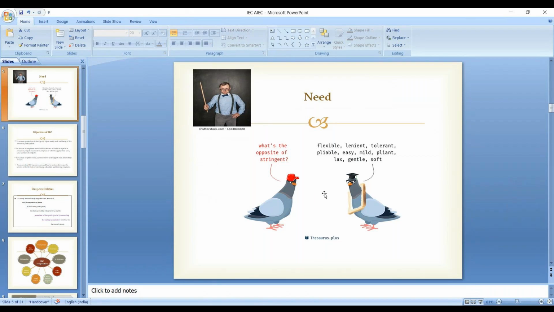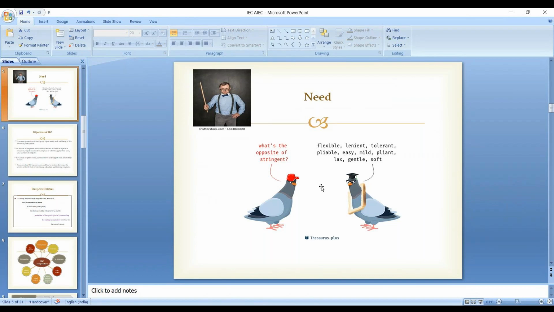If we say that whatever protocol I have done, and the IEC is flexible, lenient, tolerant, mild, I will not get the proper result. What is the opposite of stringent?